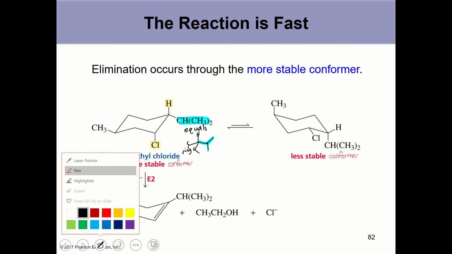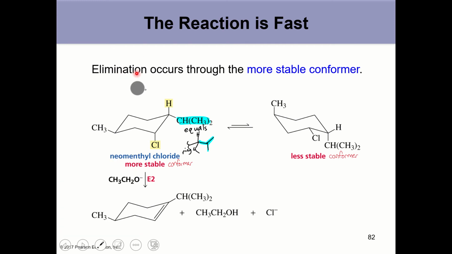All right, so let's look at when the reaction will be fast. If elimination occurs through the more stable conformer, then the reaction is fast. The more stable conformer has the largest groups equatorial. So you can see both methyl and this isopropyl group, CH(CH3)2, which in skeletal structure looks like this.